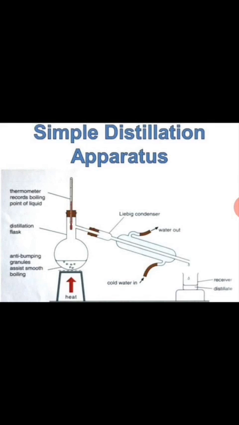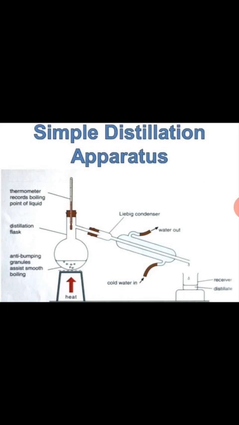Ethanol has a different boiling point. Water has a different boiling point. The boiling point of water is 100 degrees Celsius. The boiling point of ethanol is 78 degrees Celsius. So now with the knowledge of these boiling points, we can separate them. This is an illustration showing the setup of a simple distillation apparatus.